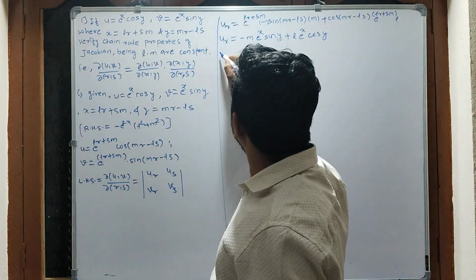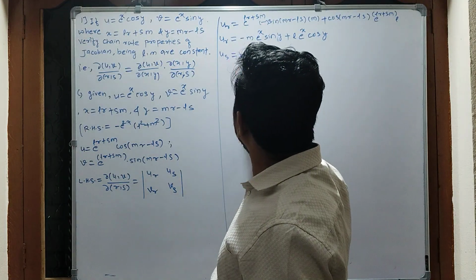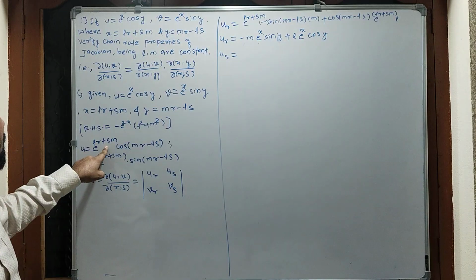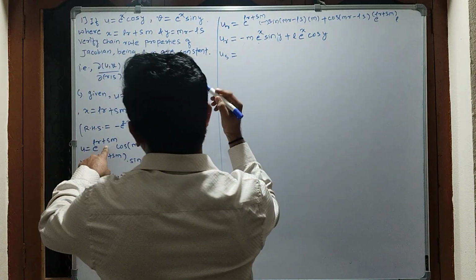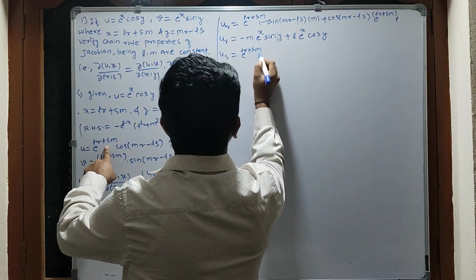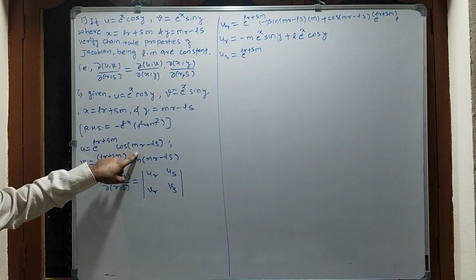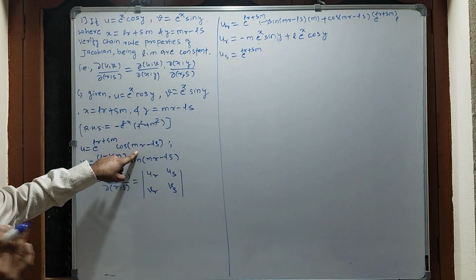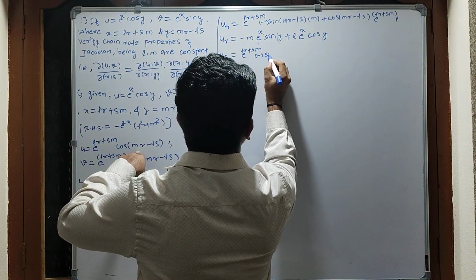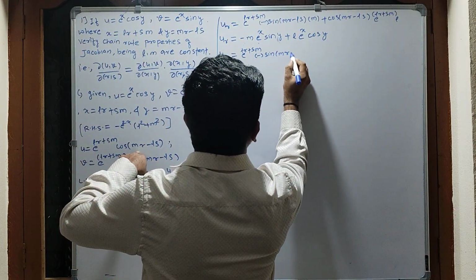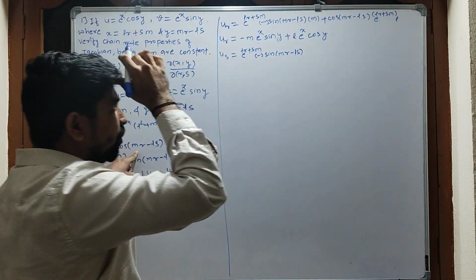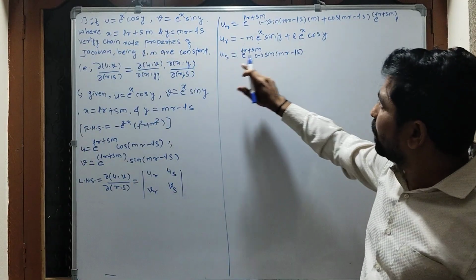Now I want to find u_s, the partial derivative of this function u with respect to s. In the same way, first as it is, e to the power l r plus s m, into the derivative of the cos function with respect to s. So this is minus sine of (m r minus l s) into the derivative of the angle m r minus l s with respect to s.